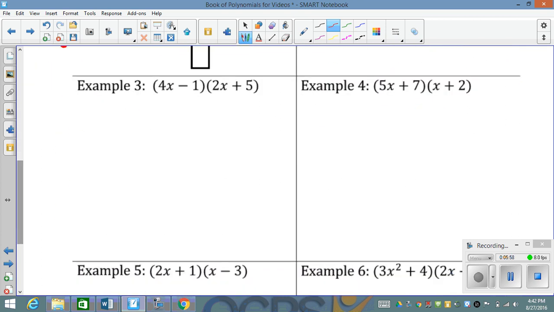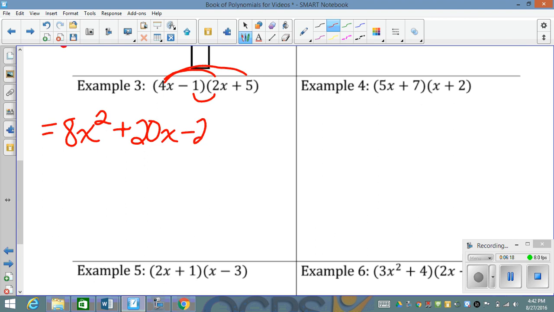Ready? I'm going to go through kind of quick because I think we have it at this point. We're going to do first 4x times 2x. 4 times 2 is 8. x times x is x squared. 4x times 5, so plus 20x. 4 times 5 is 20. Inner. Negative 1 times 2x is negative 2x.